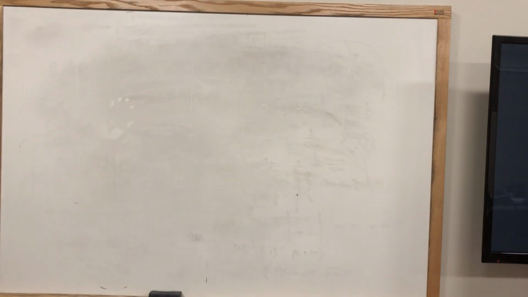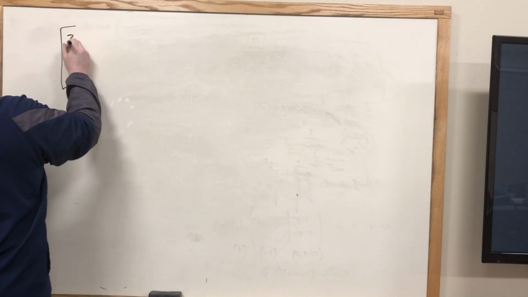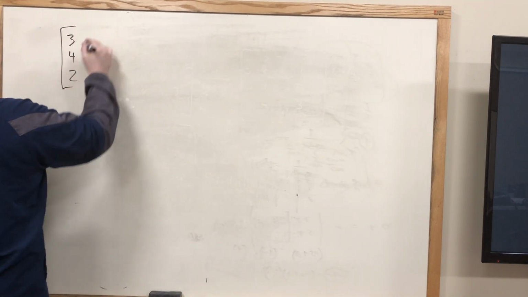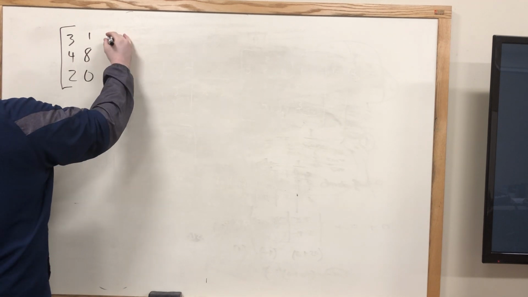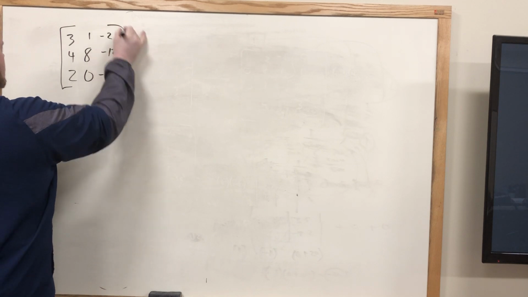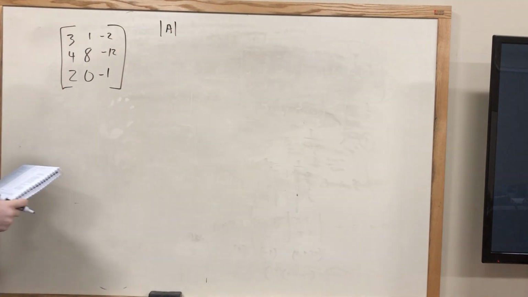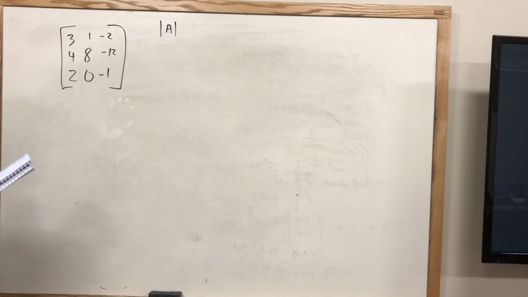Example number 2, 3, 4, 2. 1, 8, 0, negative 2, negative 12, negative 1. Okay, so we're looking for our determinant there, okay? So what's the first step?